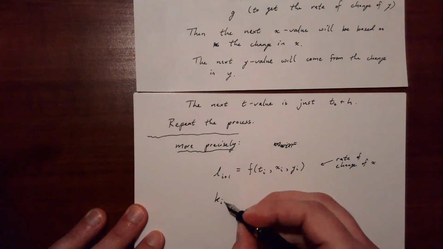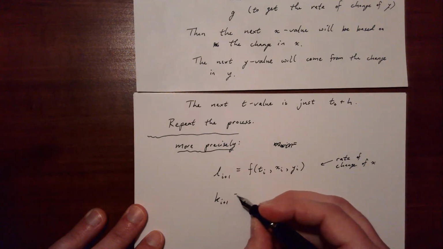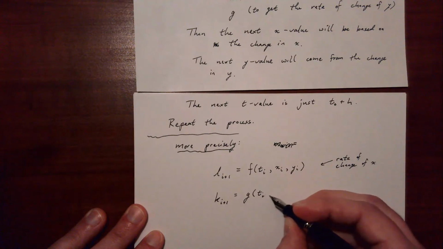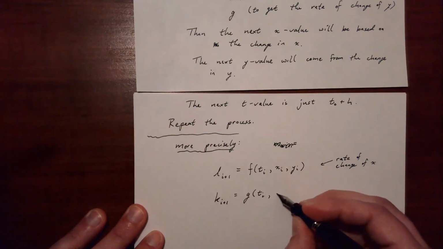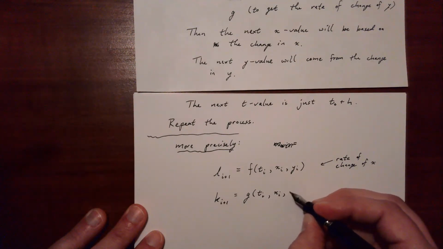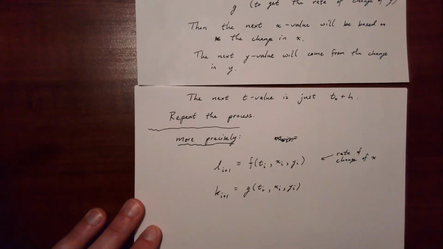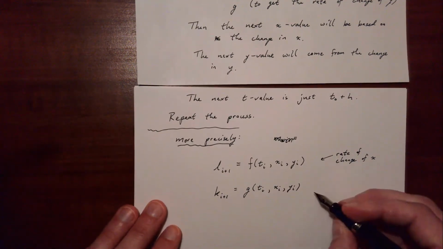K sub i plus 1 will be the same thing but with g. So previous t value, previous x value, previous y value all get thrown into the soup that will determine the change in the y.